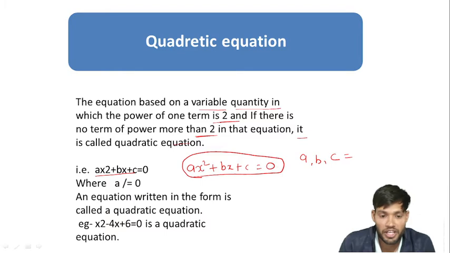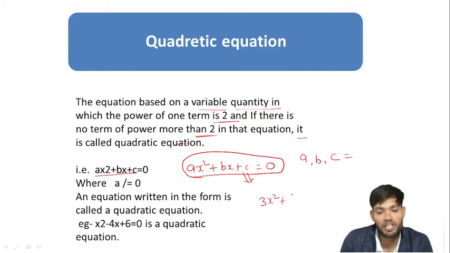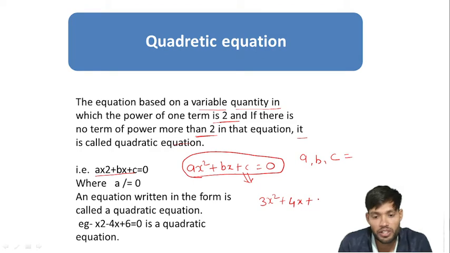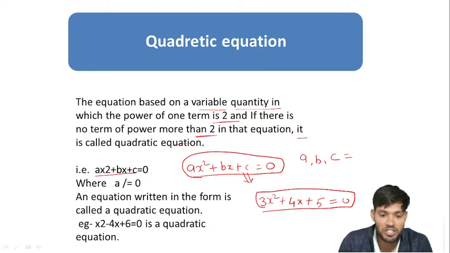For example, at the place of a, we can write 3x square; at the place of b, we can write any value, like 4x; plus c is a constant. We can write any value here, for example 5, equal to 0. This is a quadratic equation.